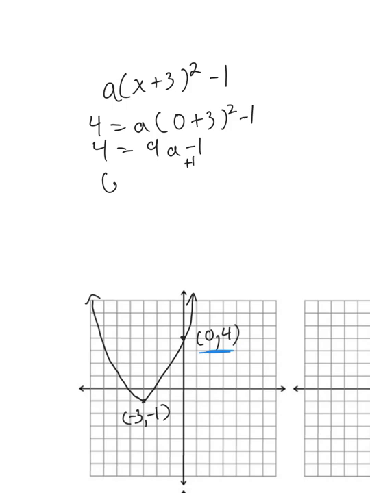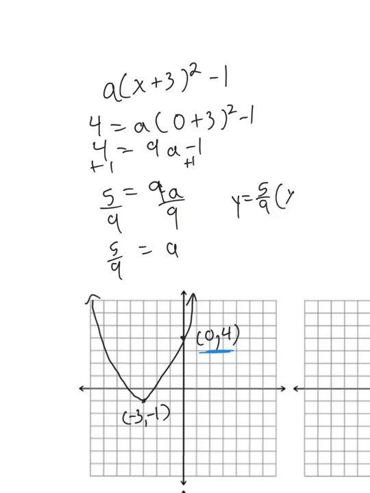So 4 equals 9a minus 1. We add 1 to both sides, which will give us 5. So then 5 equals 9a. Divide by 9, divide by 9. A then is actually 5/9. So our formula is actually y equals 5/9 times (x plus 3) squared minus 1.